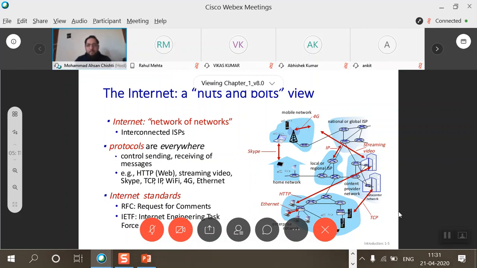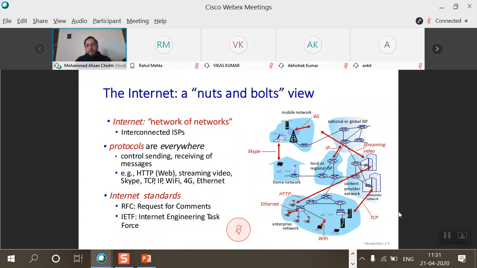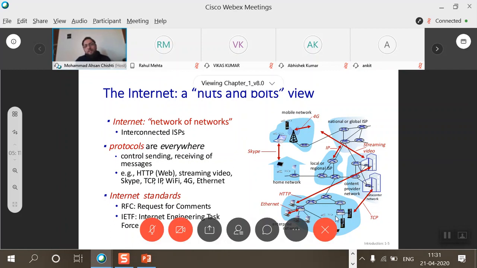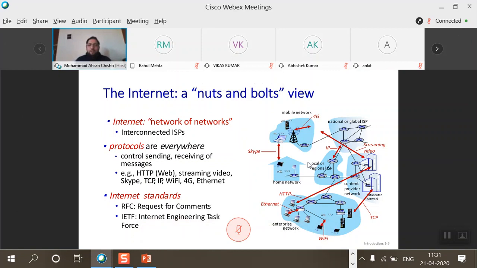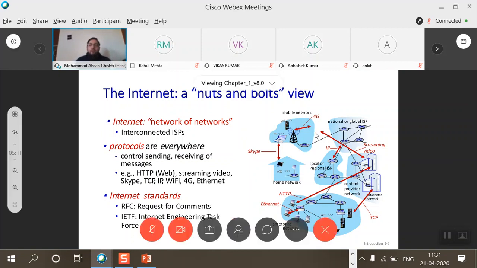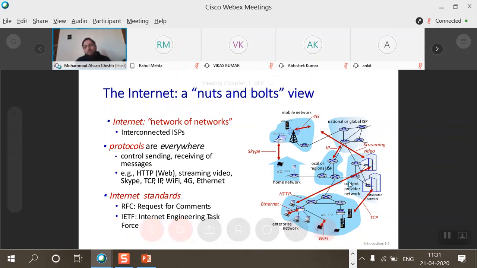I'm connected through BSNL, so BSNL presently would be my local or regional ISP. Basically, it is the agency that gives me connectivity through its links, through its routers to other local or regional ISPs or national and global ISPs. And each ISP would have its own content providers who would provide content to it.